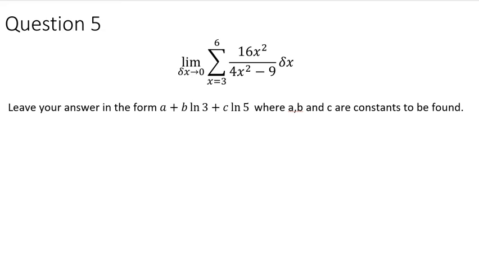There was no integration as a limit here, so when you see this sigma, we did one the other week, where you see this sigma and this limit, it might look really confusing. It basically just means integrate this between 3 and 6. That's all this means.